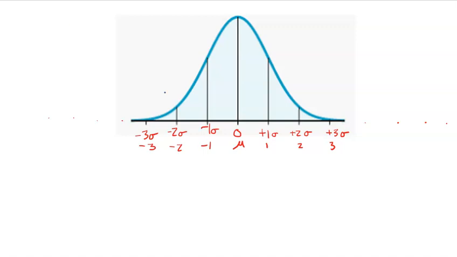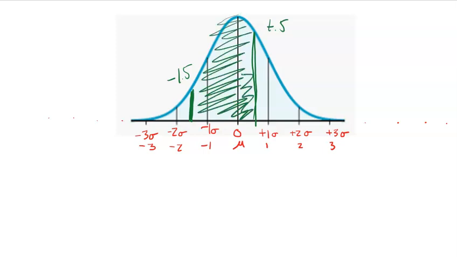So the idea here is that any interval inside of this normal model is represented by the probability of you being within that interval. For example, if I wanted to go from -1.5 to +0.5, any value in that interval, the area between -1.5 and +0.5 is the probability of being in that interval.